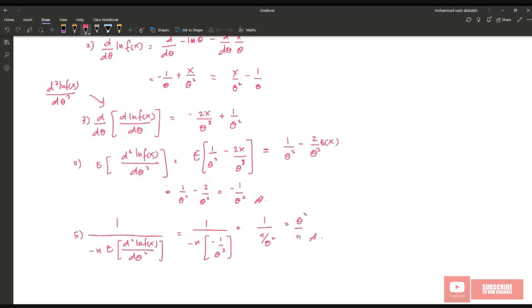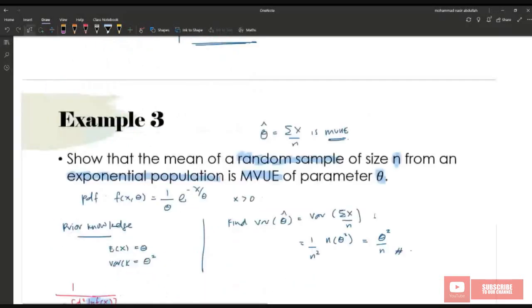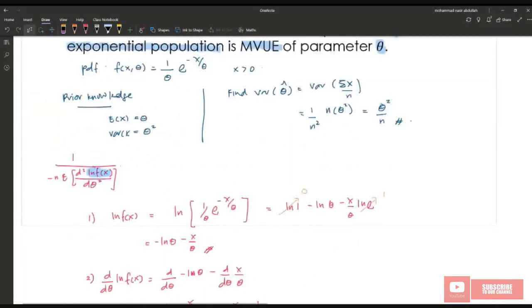So the Cramér-Rao lower bound is equal to theta squared over n. And the variance of theta hat is also equal to theta squared over n. So this is based on the first determination we got, the variance of theta hat equals sigma theta squared over n.